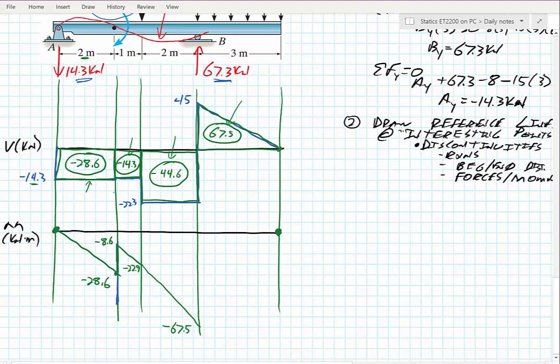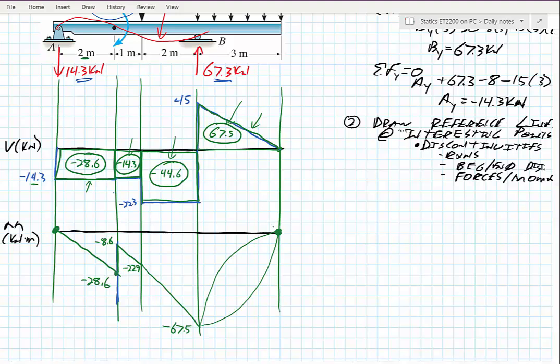I have to say, well, how am I going to get there? So this one, now I have a line with a constant slope. I'm going to have some sort of parabolic function, right? But I have to figure out if it's going to be concave or convex. You know, is it curved up or curved down?